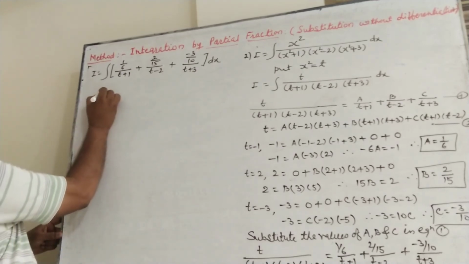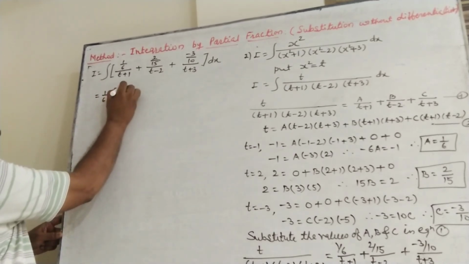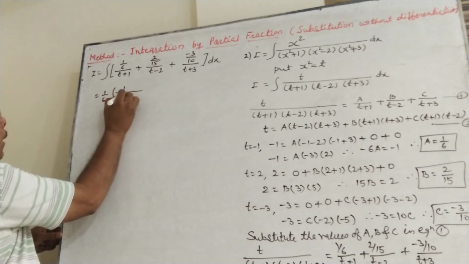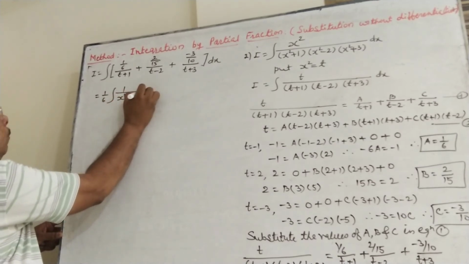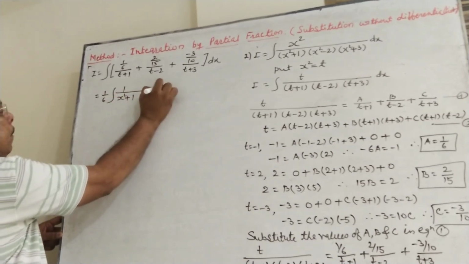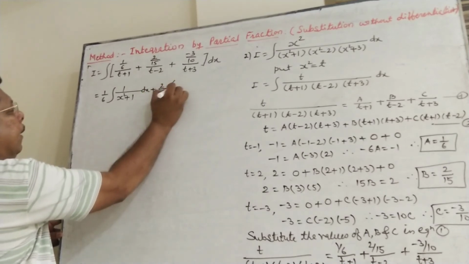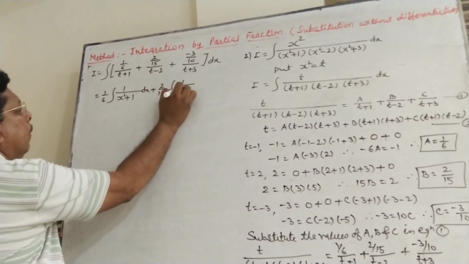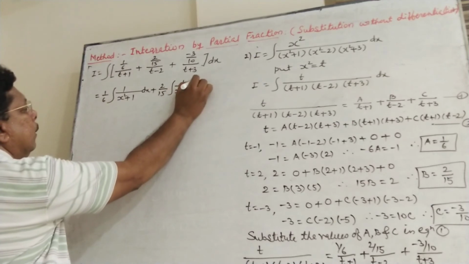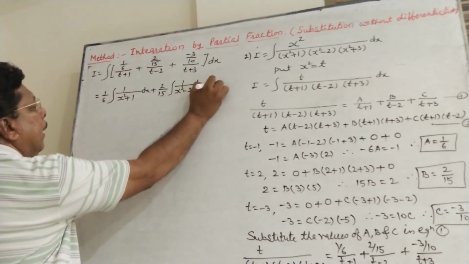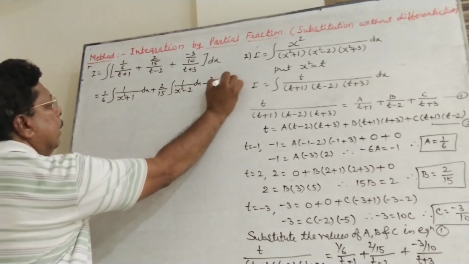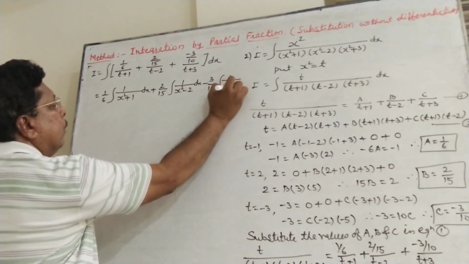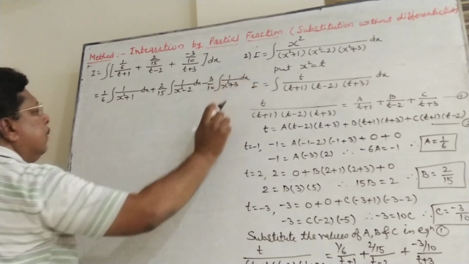Take the constant outside: 1 by 6 integration 1 upon x square plus 1 dx, plus 2 upon 15 integration 1 upon x square minus 2 dx, minus 3 upon 10 integration 1 upon x square plus 3 dx.